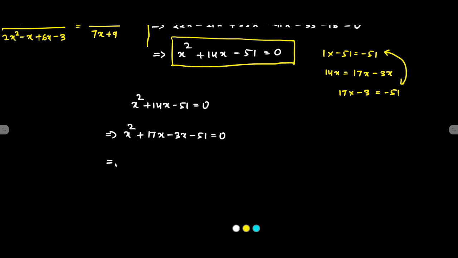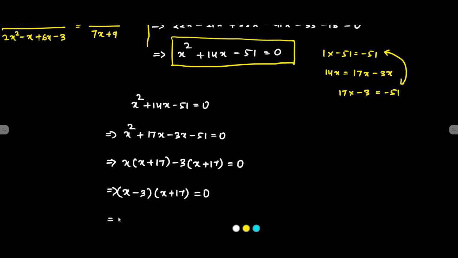That implies x into x plus 17 minus 3 into x plus 17 is equal to 0. That implies x minus 3 into x plus 17 is equal to 0.